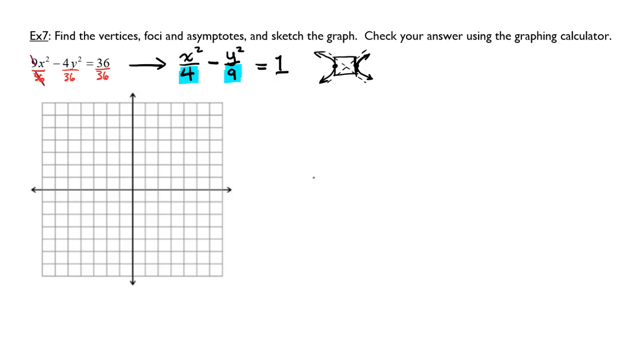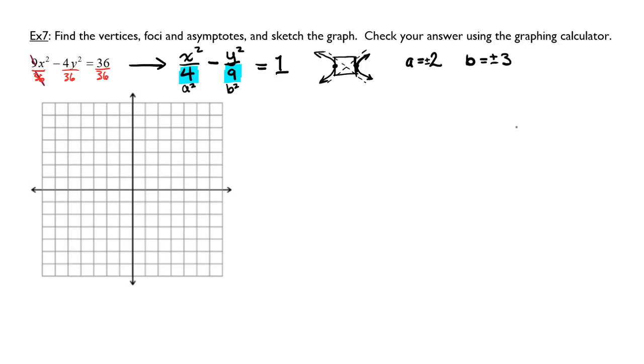So now that we have the general idea, we can use a and b to figure out our next step. If a squared equals 4, then a is equal to plus or minus 2. And if b squared equals 9, then we know that b is equal to plus or minus 3.